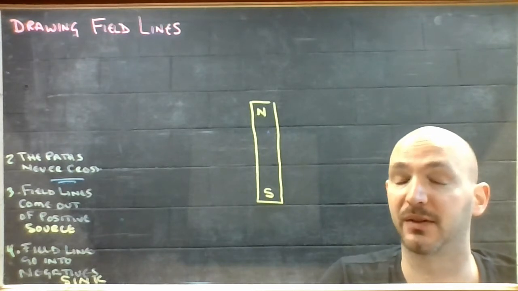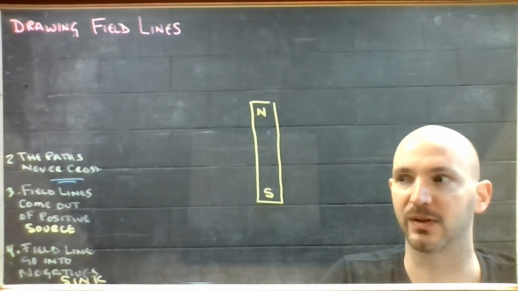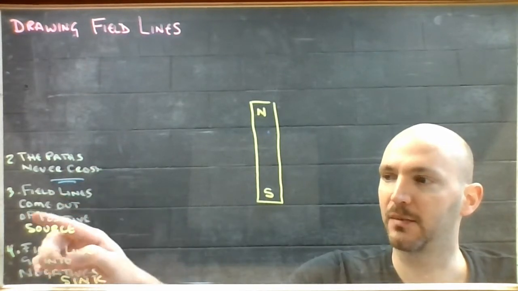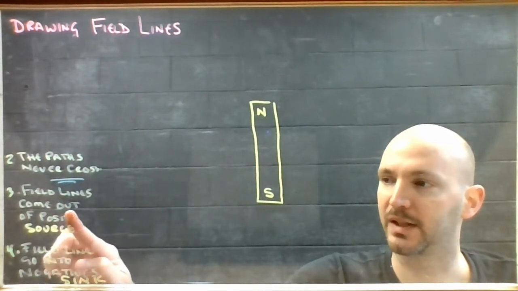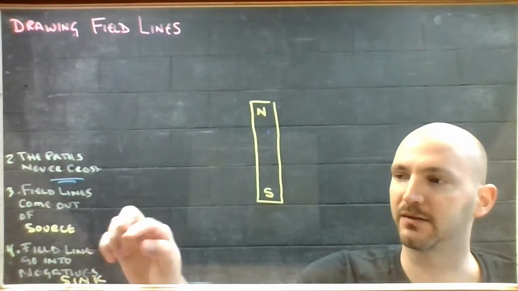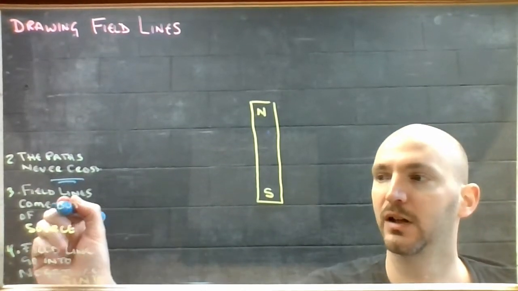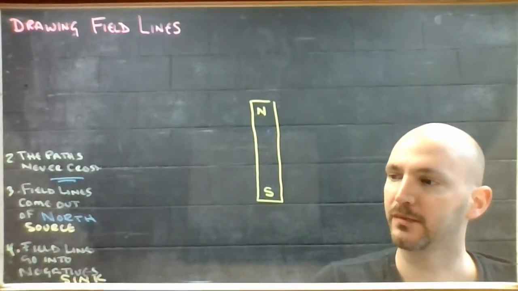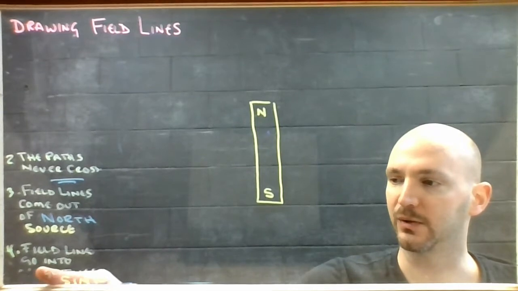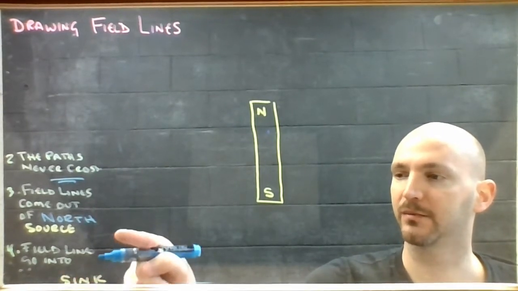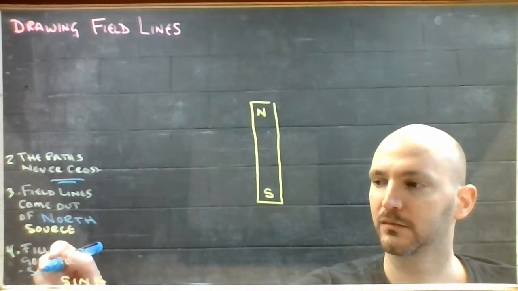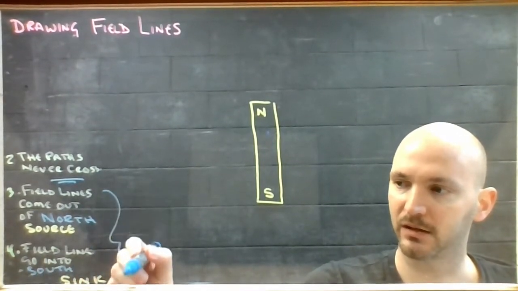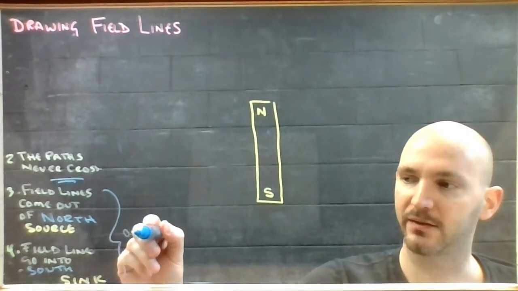Magnets, like protons, also don't have brains. They can't make choices. So there should be no field lines crossing. Field lines come out of positive sources. Well, that's not positive anymore. That's going to come out of north poles. And field lines go into south. And these two things apply outside of the magnet.